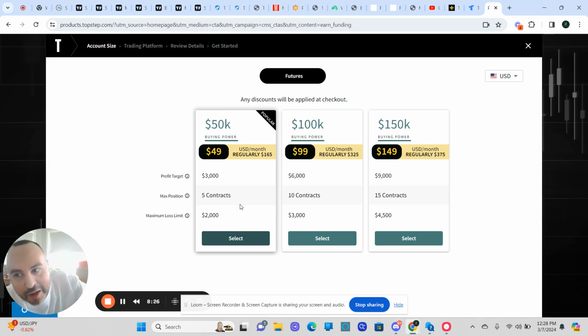And then there is a fee of, I believe, $150. I think it's $149 after you pass. So after you hit your profit target and they say, okay, you're a fundable trader, then you can trade with real money from there.